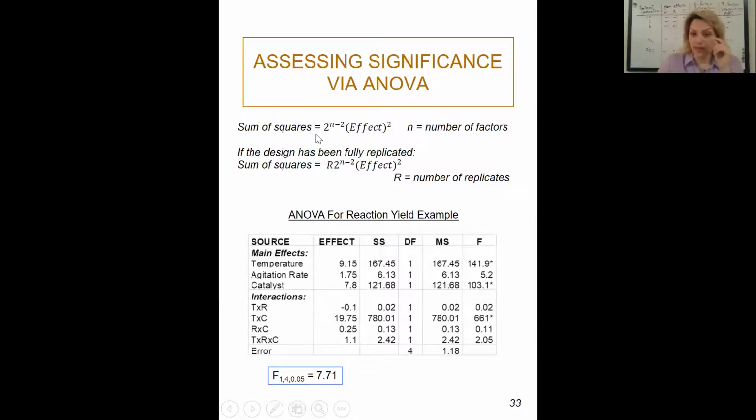If we have full replication, we would include R, times the rest, which is the same. Here you can see R is the number of replicates. In this example, we don't have full replication, so R is equal to 1.